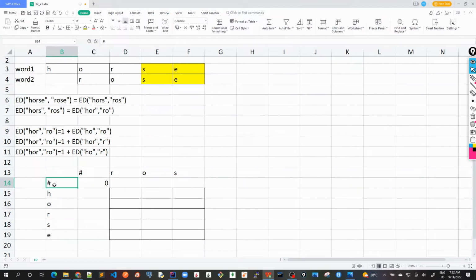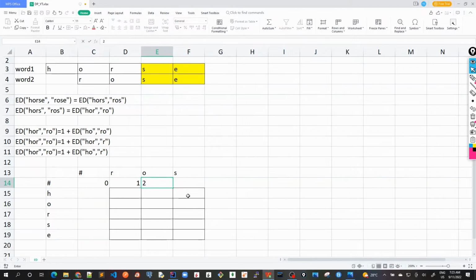Now between this and this, if I want to edit, this is word 1 and this is word 2. Word 1 has only the hash and word 2 has only R. It means I need to insert R, which is a minimum edit distance of 1, to convert word 1, null, to R. So it would be 1 by inserting R. Similarly, for RO and null, I need to insert two characters, R and O, to transform word 1 into RO.